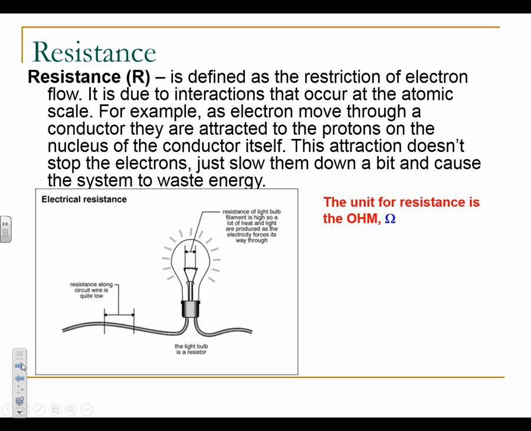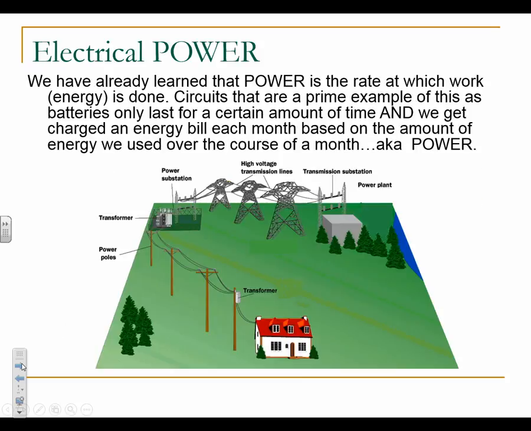This attraction doesn't stop the electrons, but it slows them down for a bit and causes the system to waste energy, because it goes, whoa, hold on, do I want to stay here or do I want to keep going? Typically those electrons are pushed to keep going, but they do at least slow down, so that causes some energy loss. The unit for resistance is an ohm, which is that upside down omega sign, the capital omega sign from the Greek symbols.